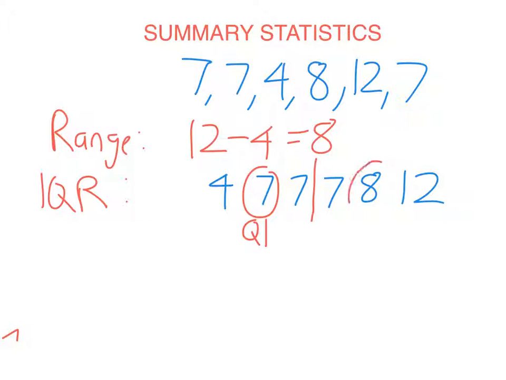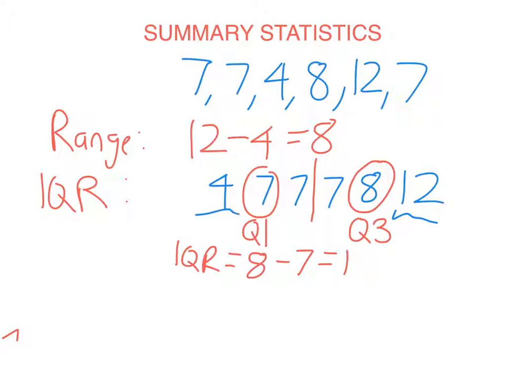And same for the top half. Q3 is the median of the top half. So the interquartile range here is Q3 minus Q1, which gives you 1. So it's ignored basically the top and the bottom score. So the range and the interquartile range are quite different. They tell a very different story. And we'll learn about which is more useful under which circumstances next lesson.